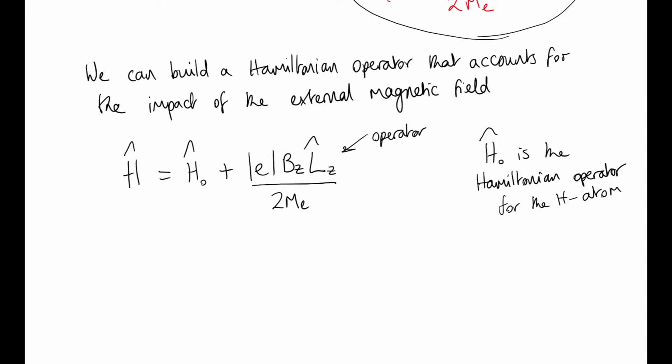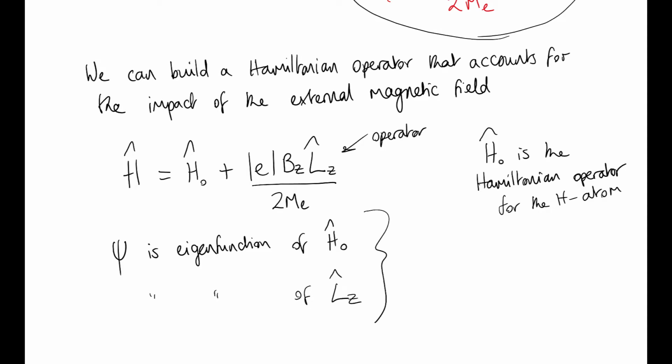And we know already, by the way, that psi is an eigenfunction of this Hamiltonian operator. We've demonstrated that earlier in the chapter. We also know that it's an eigenfunction of L sub z.